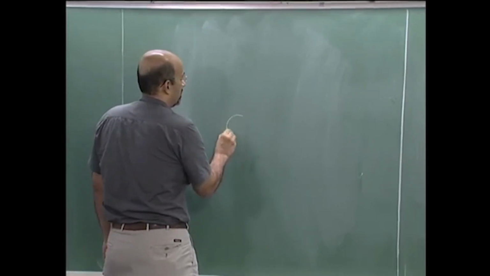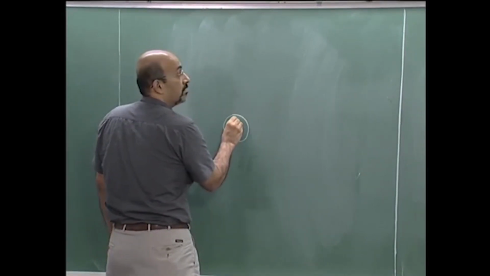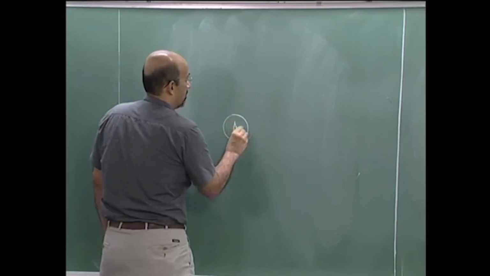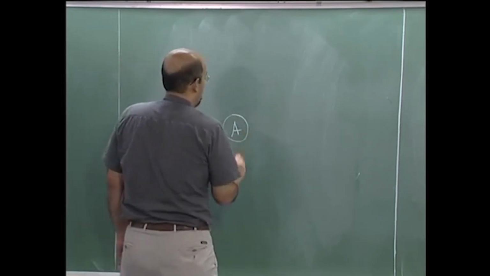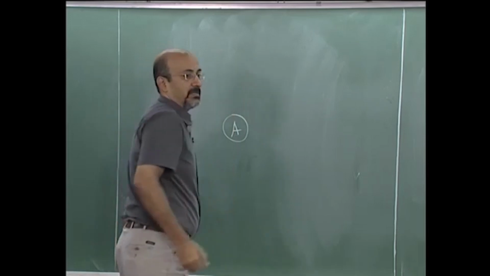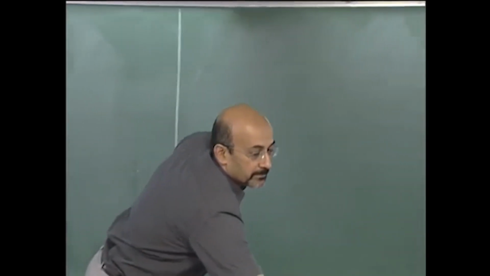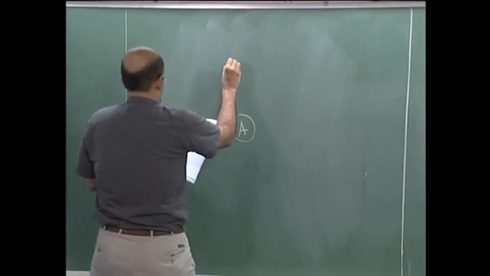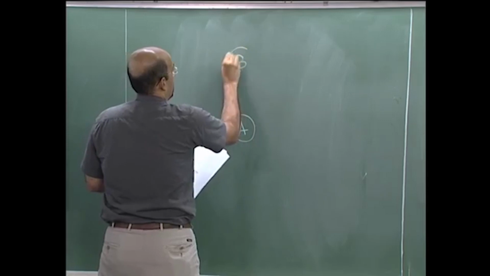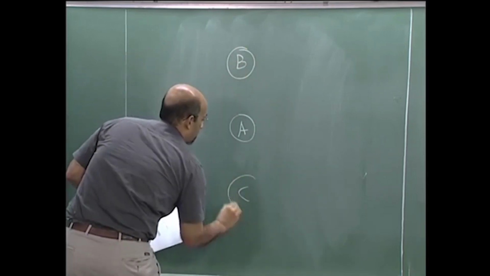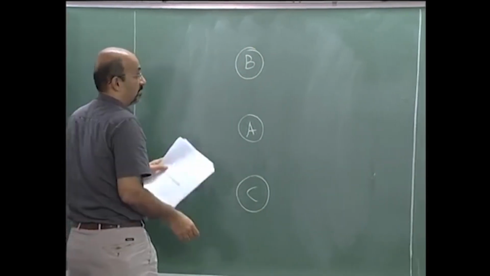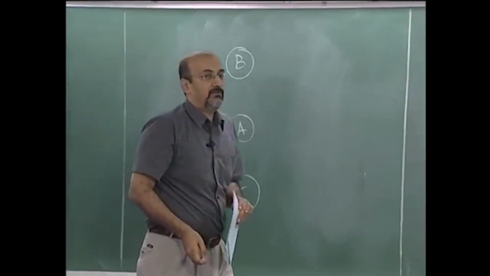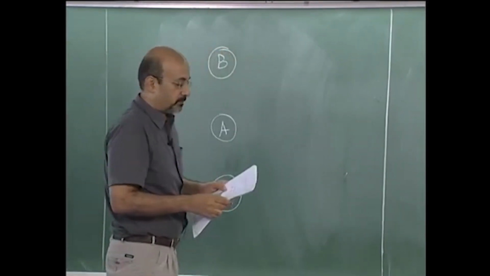network first. So as we draw an activity on node network, we have A, B, C, three activities. Let me get my notes on this. You can see that A, B, and C have no predecessor other than start.